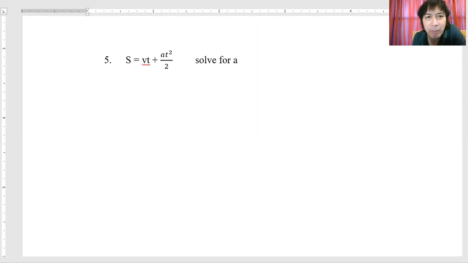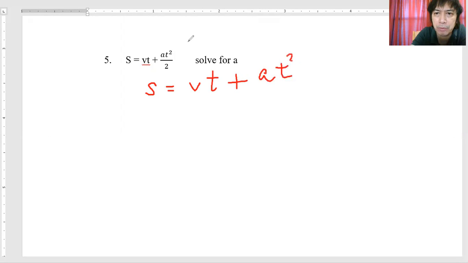All right, so we will have to start from the given. Okay, so we have S is equal to velocity times time plus acceleration times time squared over 2. We're after this A. So we will have to move this. That's the objective there.